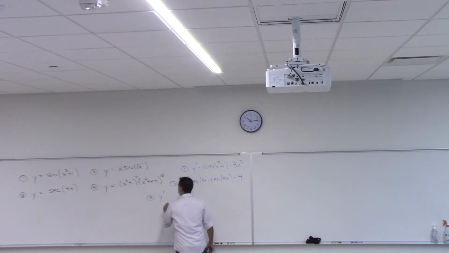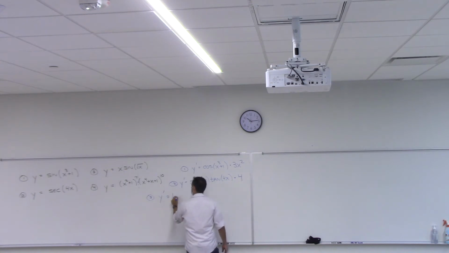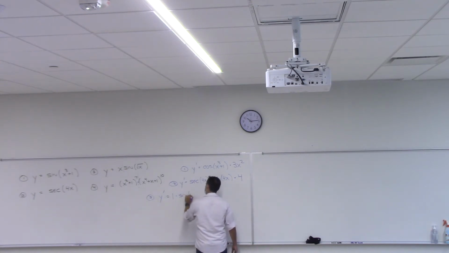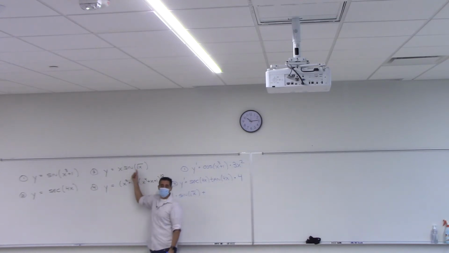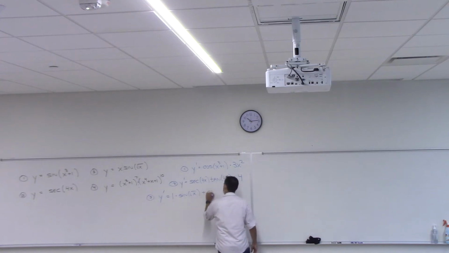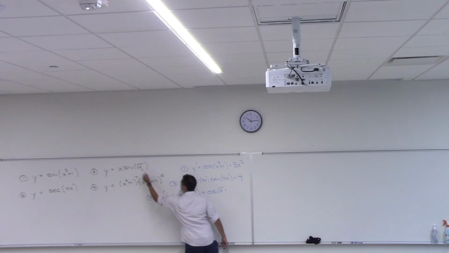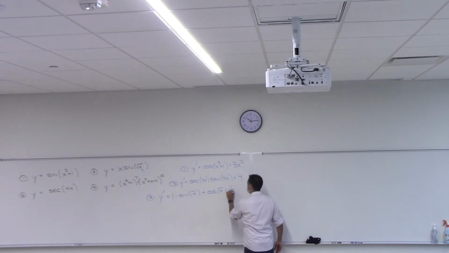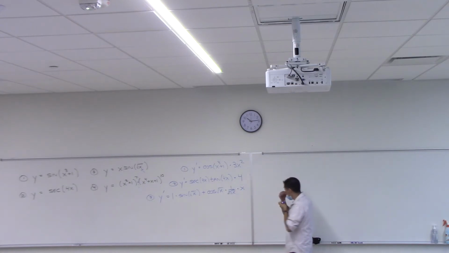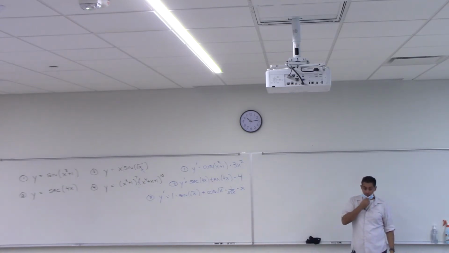So you take the derivative of the first one, which is 1, times the second function, plus, now you have to take the derivative of sine of the square root of x, which is cosine of the square root of x, times the derivative of what's inside, 1 over 2 root x, times, finish the product rule off, x. Yeah, that makes sense? No questions? On to the fourth.